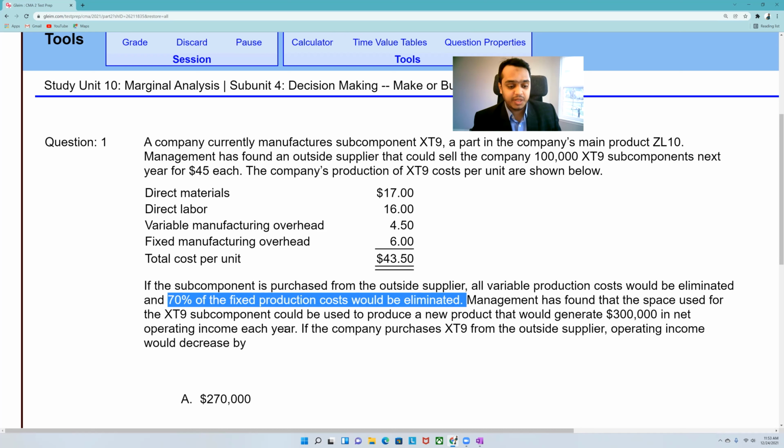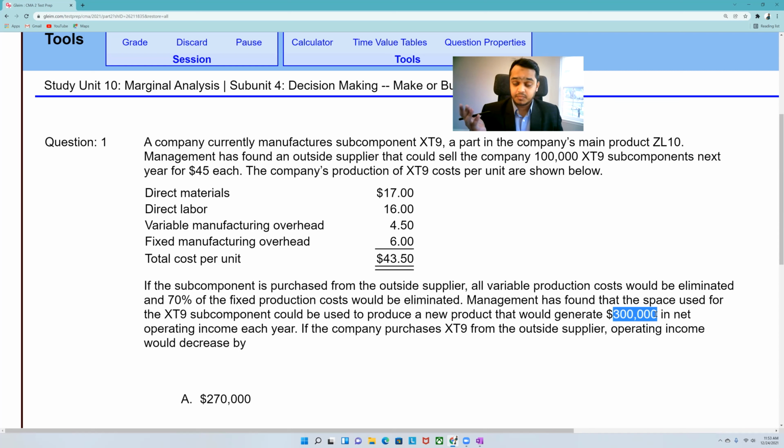Management has found that the space used for the XT9 subcomponent could be used to produce a new product that would generate $300,000 in net operating income each year. Okay, $300,000. So if the company purchases it directly from the supplier, what would the operating income decrease by?